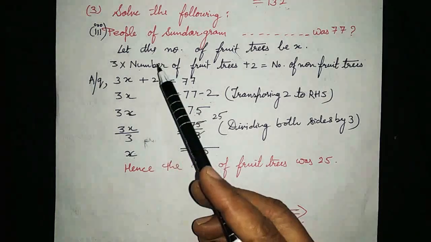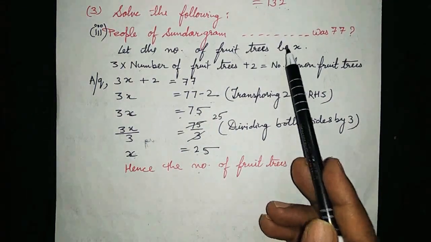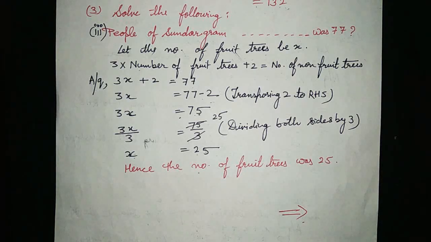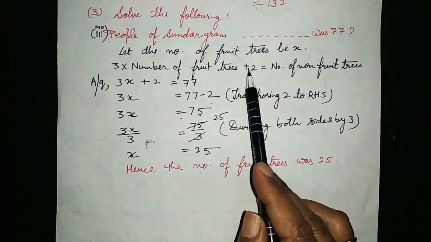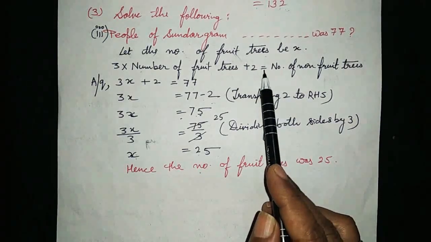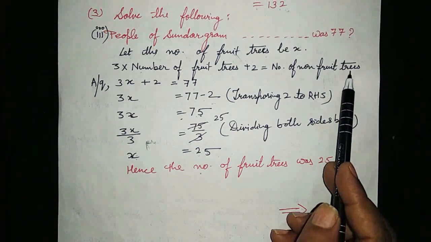So here we will write, let the number of fruit trees be x. Now see the third sentence again in the question. The number of non-fruit trees were 2 more than 3 times the number of fruit trees. So 3 times of number of fruit trees plus 2 is equals to what? Is equals to number of non-fruit trees.